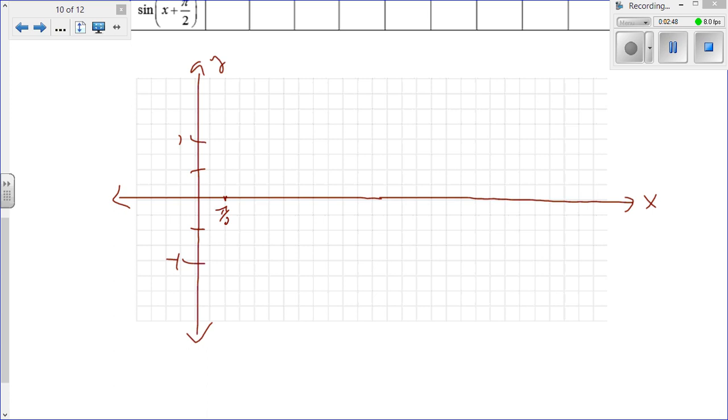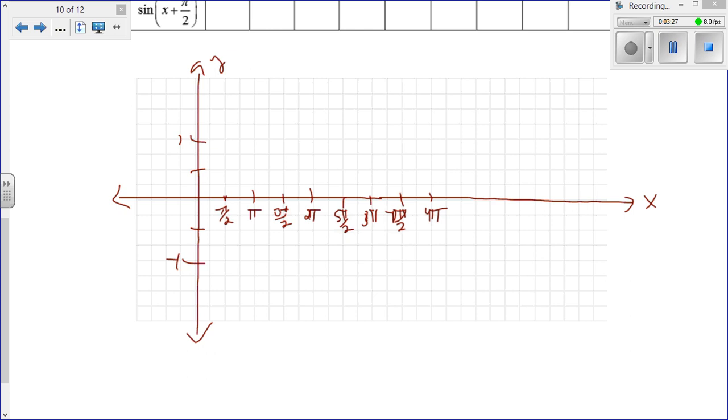So pi over 2, pi, 3 pi over 2, 2 pi, 5 pi over 2, and then 6 pi over 2, which is 3 pi, and then 7 pi over 2, and then 8 pi over 2 is 4 pi.